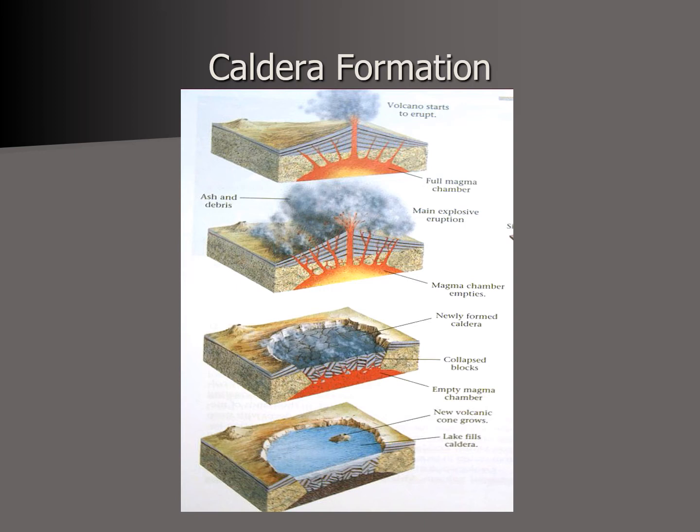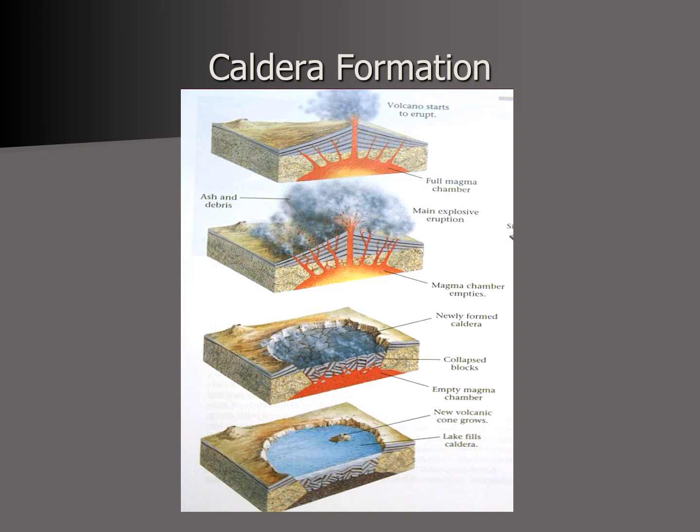Your eruption begins, and it's going on for many hours, and you're starting to deflate the magma chamber. And then in the third image, you have partially emptied that magma chamber, and the volcano structure has collapsed down into it and formed this very big depression called a caldera.